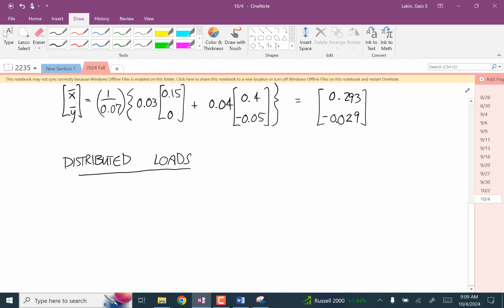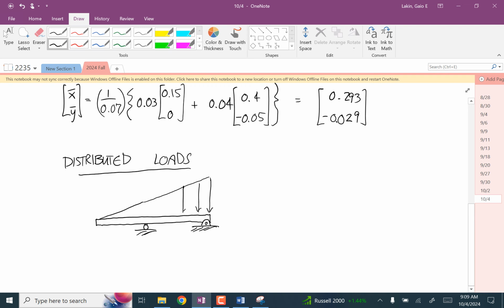And distributed load problems look like this. So it's just any old rigid body statics setup. But instead of the forces happening at specified points, you have these forces applied over some distance, for us it's always going to be 2D, spread over some distance.